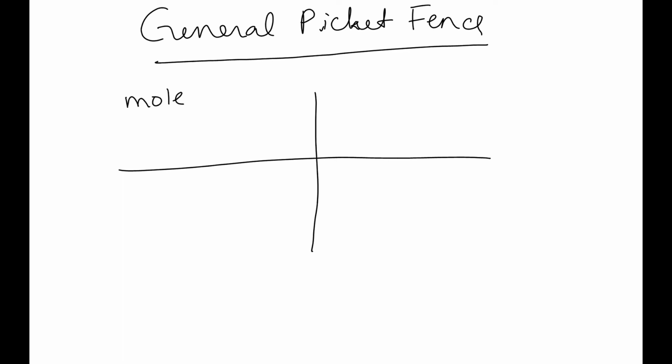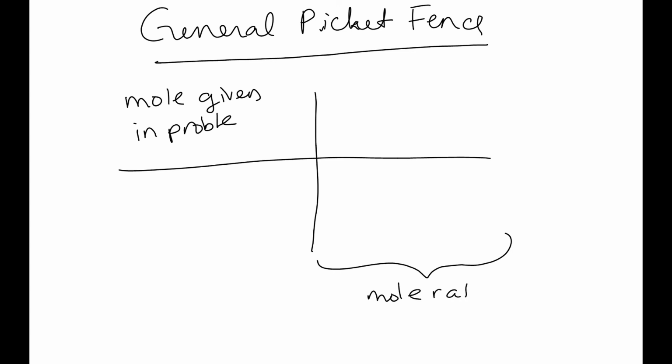Okay, so in this case, there's certain information we put in each box. In the first box here, we put in the moles given in the problem. Okay, now this is where we put our mole ratio. And remember, the mole ratio comes from the equation, always. Okay, and it's the moles of our given substance.